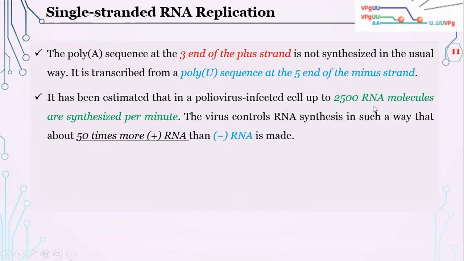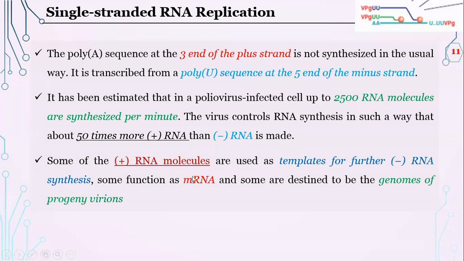So you can imagine how fast the RNA multiplication is. Previously we were of the opinion that bacteria multiply very fast, but here 2,500 RNA molecules are produced per minute, and the virus controls RNA synthesis in such a way that about 50 times more plus RNA than minus RNA is made.